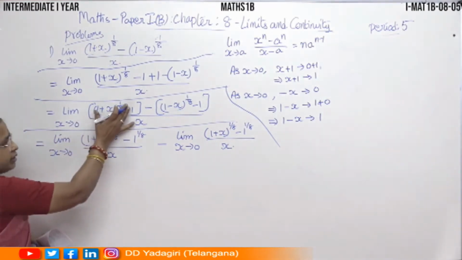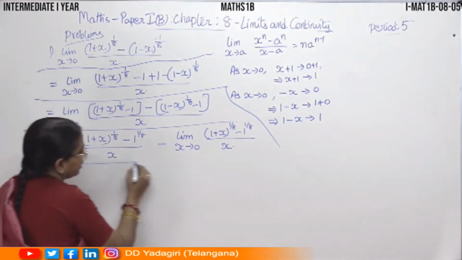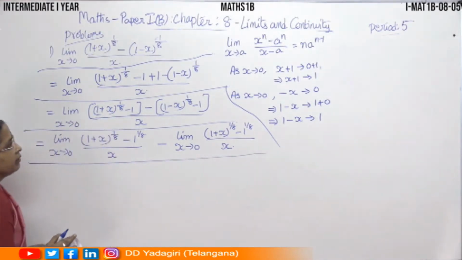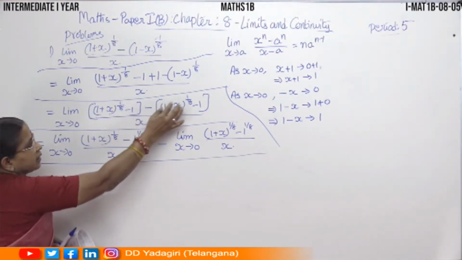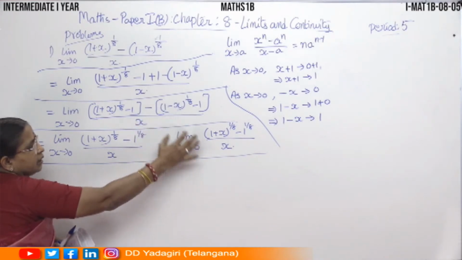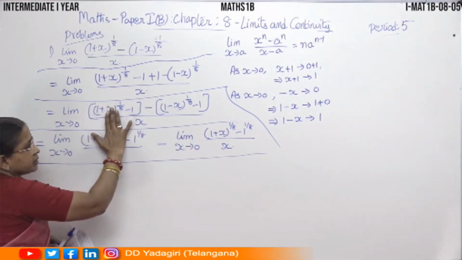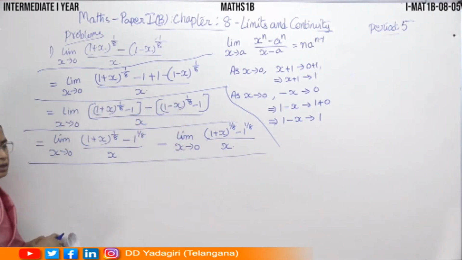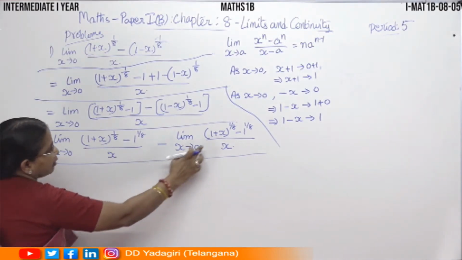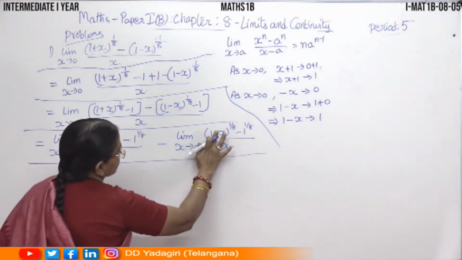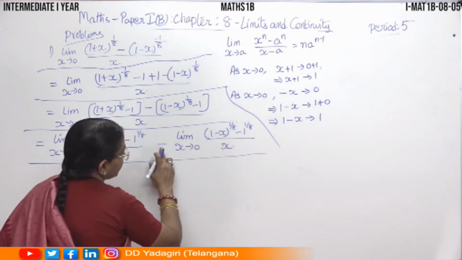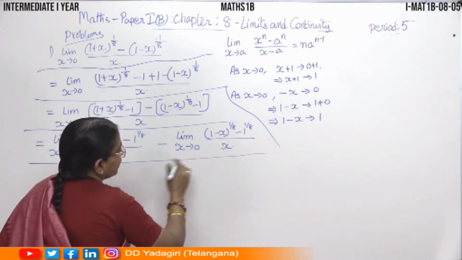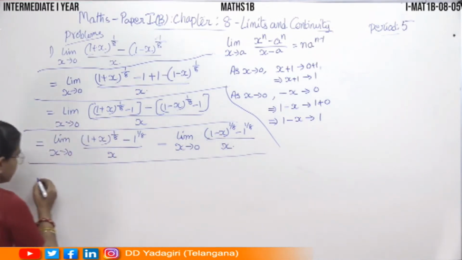So we divided in two steps and combined here. We divided this separately by x and this separately by x, and then we wrote the limit for this term and this term separately here. Now we have this 1 minus x. So we'll bring this minus sign here. In the next step we'll do that.